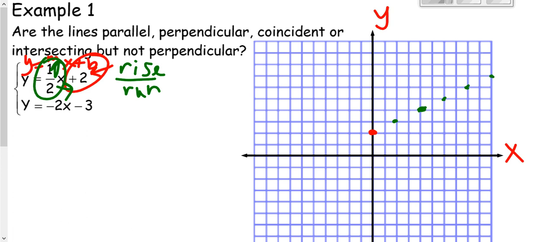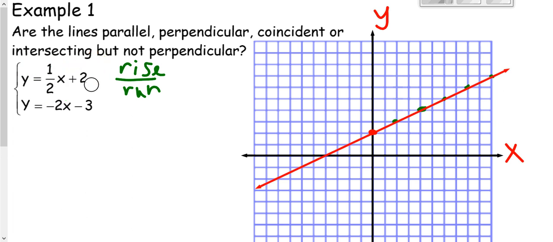And then we can draw our line. There we go. So again, this red line is my first equation. I can take all this other stuff off for you. But my first equation is the red line, just to help you remember it.